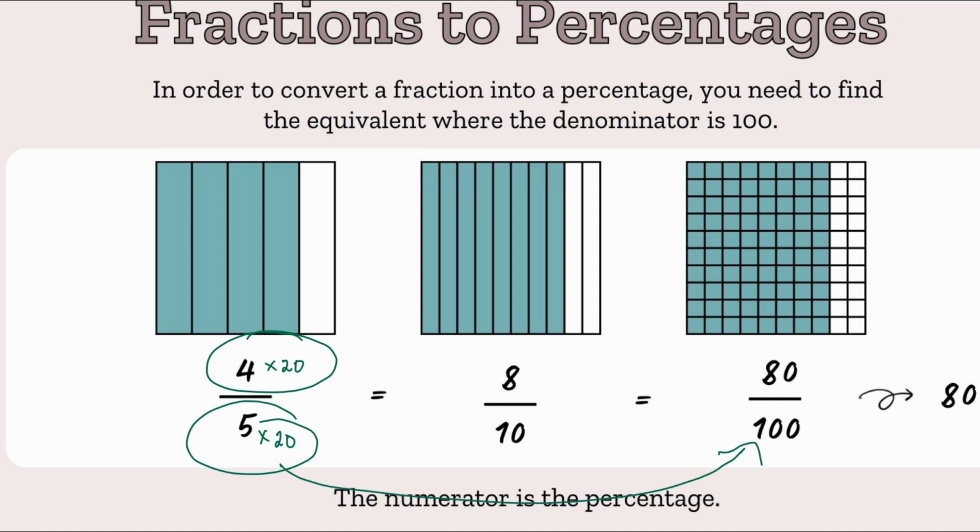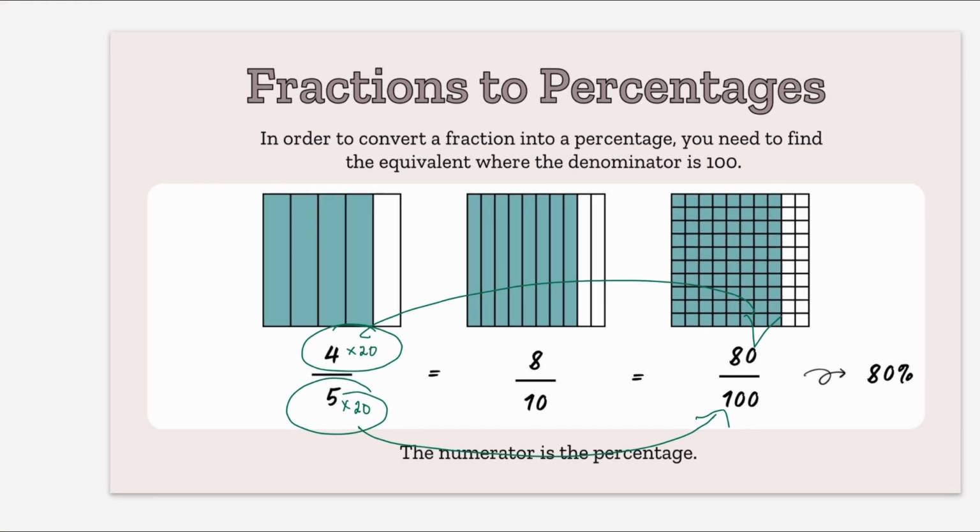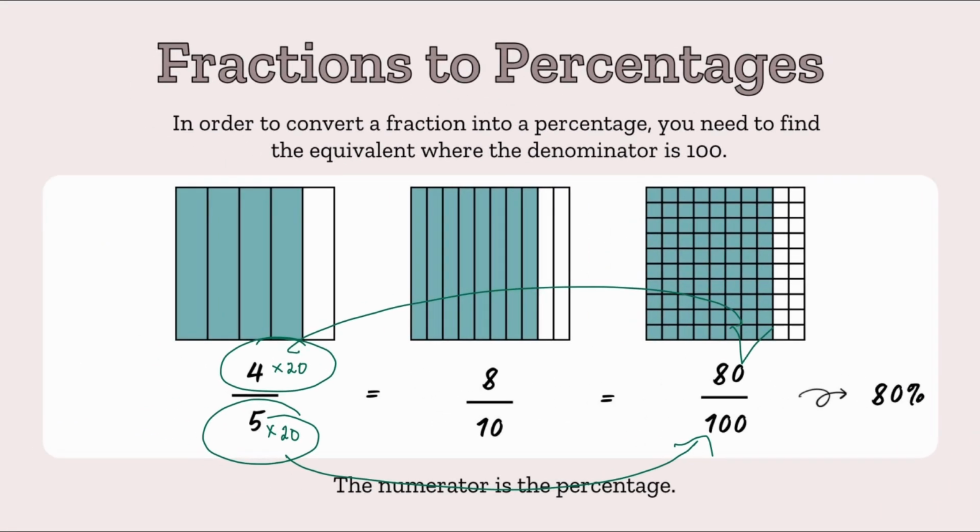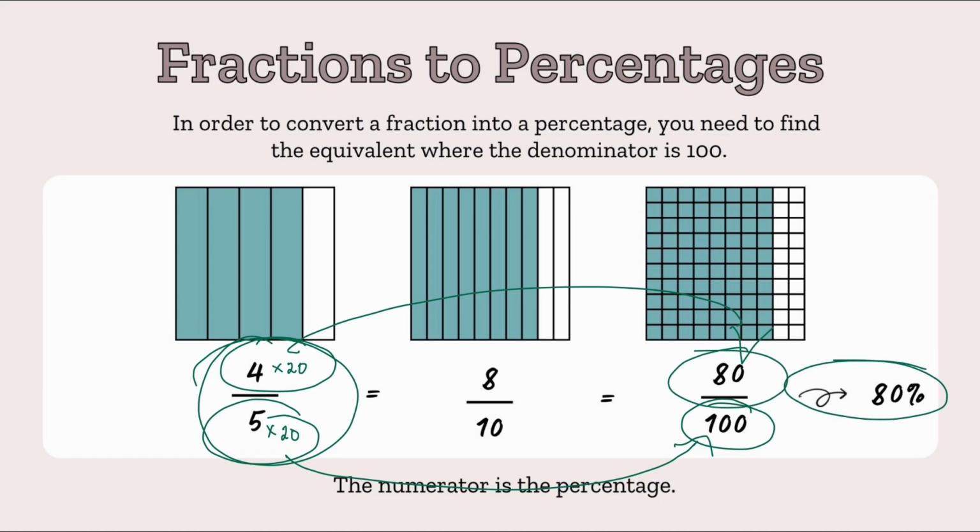When you multiply 4 by 20, you will get 80. That means the equivalent fraction of 4/5 having 100 as the denominator is 80 hundredths. So 80 hundredths means 80 out of 100, that is equal to 80%.